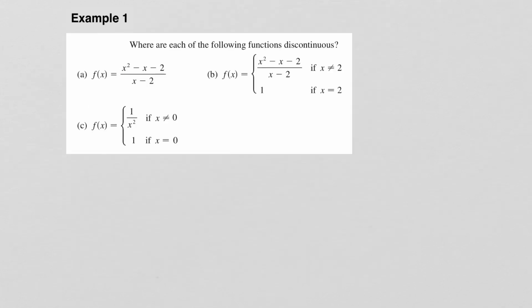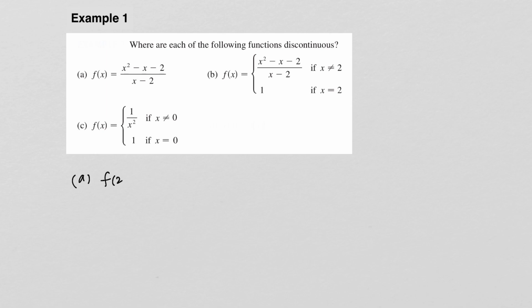Now let's take a look at some examples where we don't have the graph. So for the first function here, we want to know where each of the functions is discontinuous. So if you look at this function here, clearly you cannot plug in x equals 2.